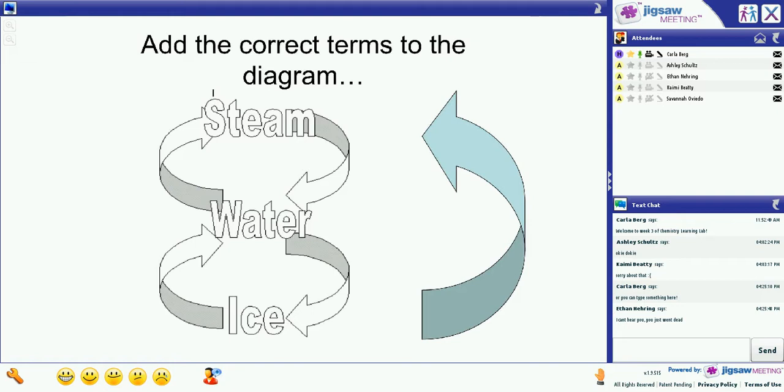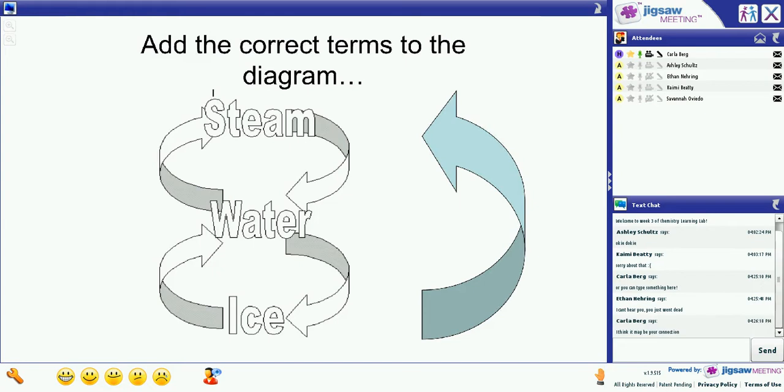Savannah can. Okay, I think it's a connection issue with Ethan, so I've asked him to log out and log back in.